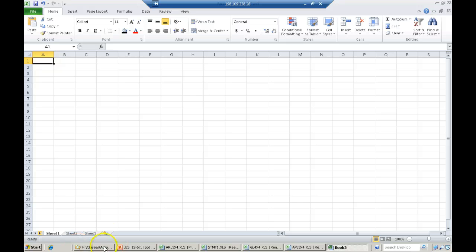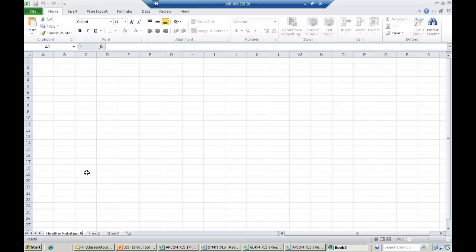Notice that you have these three worksheets down at the bottom. We're going to go ahead and rename these. Right-click on Sheet 1, Rename, and we're going to name it Healthy Nutrition Accounts Payable.